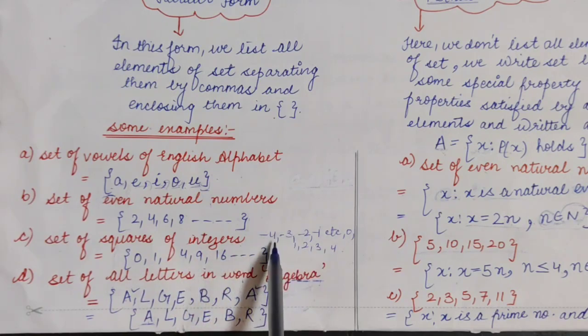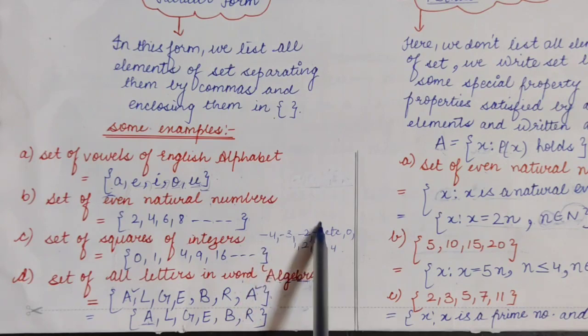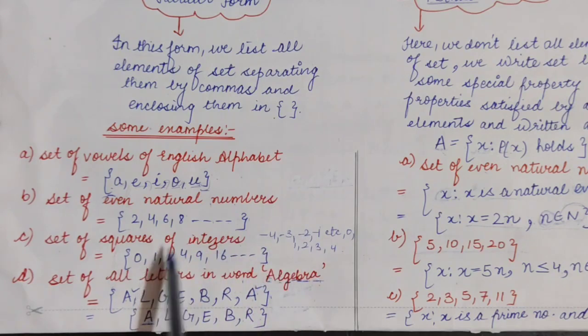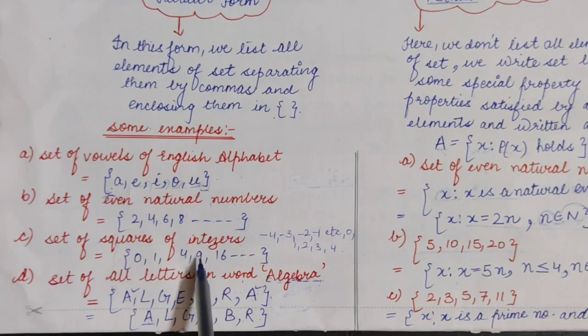In the same manner, if I do the square of the negative terms, this will not make any effect, because minus 1 square is only 1, minus 2 square is also 4, minus 3 square is 9. It means the same elements will come again which we got from the square of positive numbers.